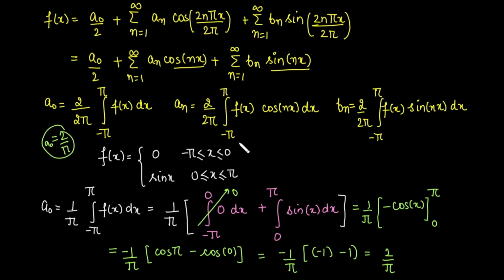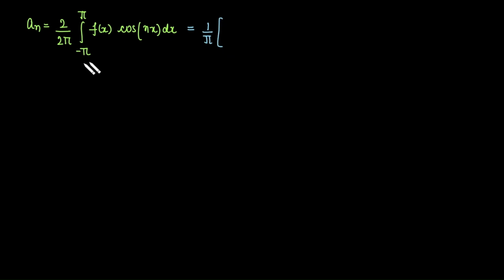Now let's find the values of a n and b n. Next, calculate a n. So a n is equal to 2 upon the length of the interval, that is 2 pi, integration from minus pi to pi of the function into cos of n into x. This is equal to 1 upon pi. Split this integration into two parts because the function is in piecewise form.